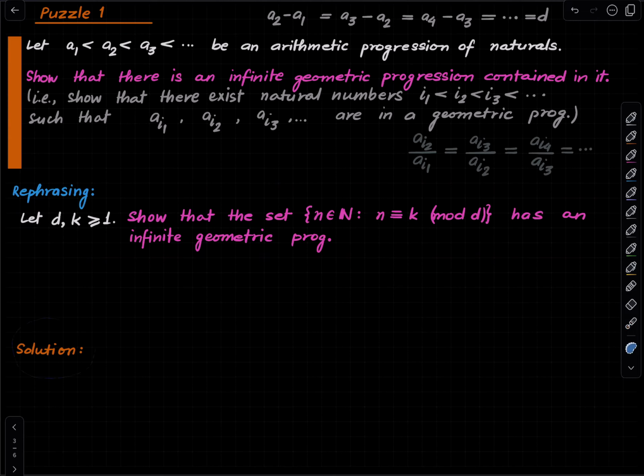Again, I encourage you to pause the video and try to solve it yourself. We can just construct the infinite geometric progression immediately. So let r be greater than 1. Choose it so that r satisfies this congruence.